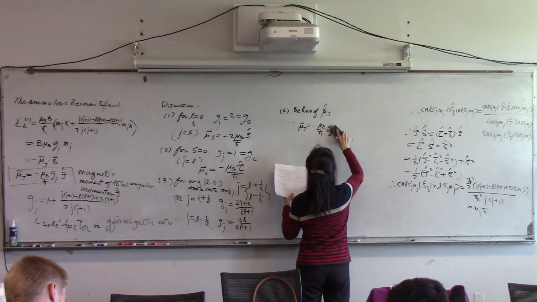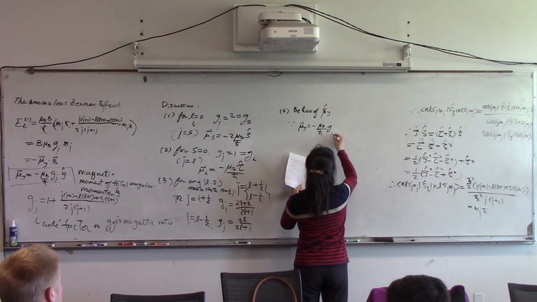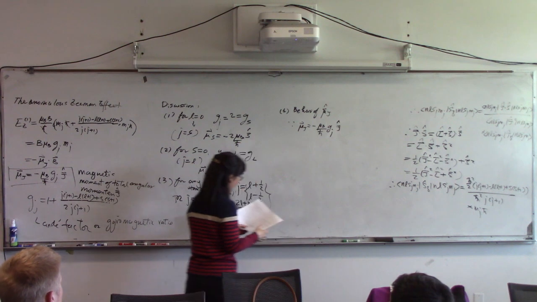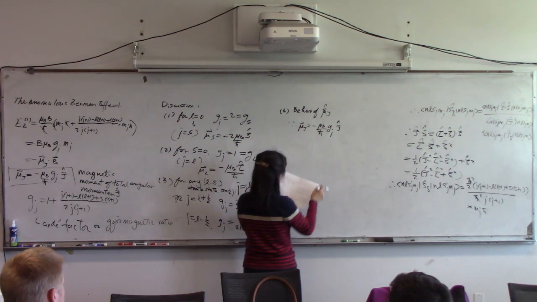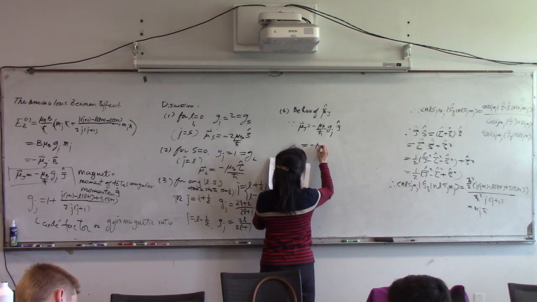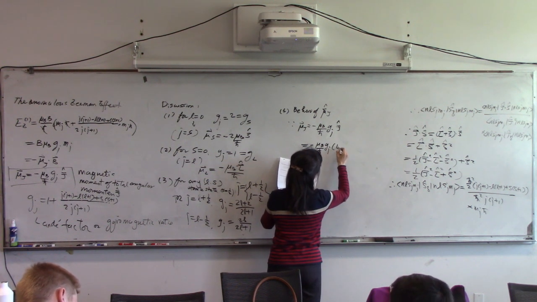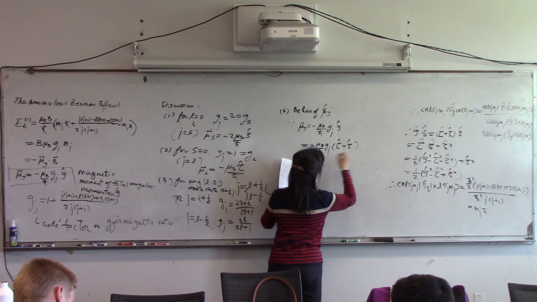Since I don't want to make it confusing, I still use this one and the J, right? But this J, if we extend to the details about J, so J is L plus S, right?